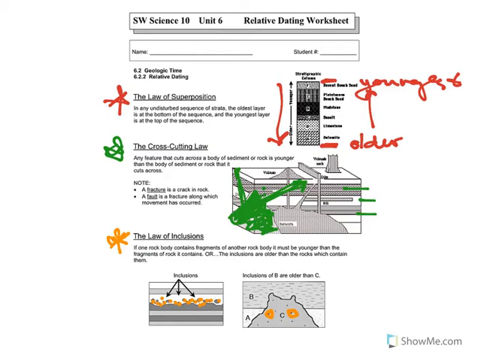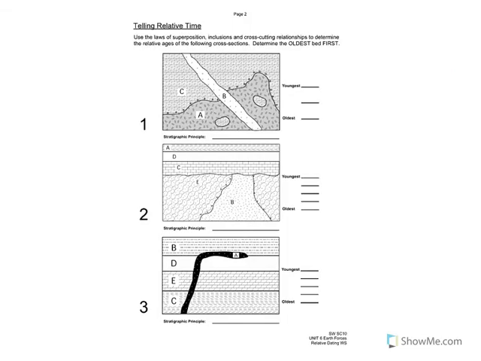So let's take these laws and see if we can use them to relatively date the rock layers in these example problems. Let's take a look at number one up here. We have three different rock layers, and we can see that we have this rock layer B cutting through samples A and C. Because it's cutting through the other ones, we know that this is the youngest layer.